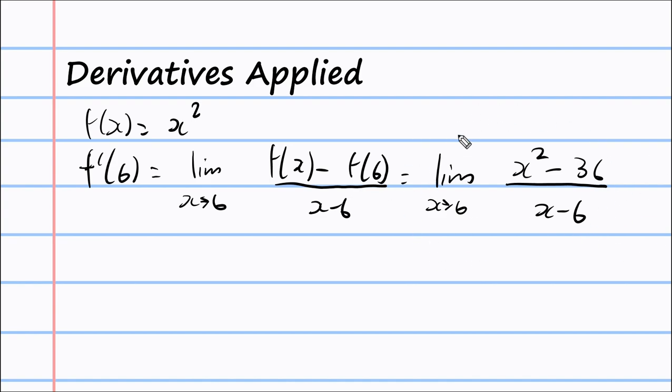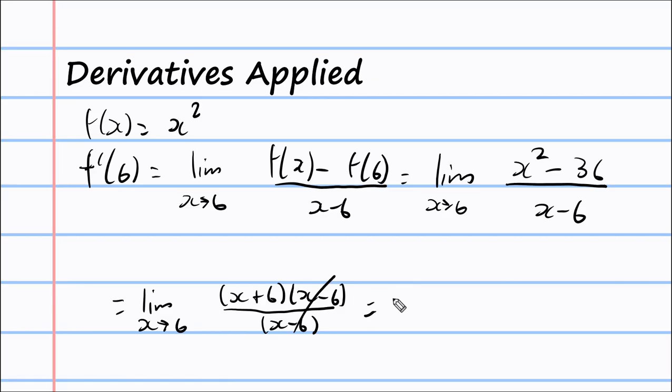Well, we learned that in the last unit, so that's just the same as the limit as x approaches 6 of x plus 6 times x minus 6 divided by x minus 6. Okay, you cancel these two out. It equals the limit as x approaches 6 of x plus 6, which equals 12, okay? So here we just proved that the derivative of x squared at x equals 6 equals 12.